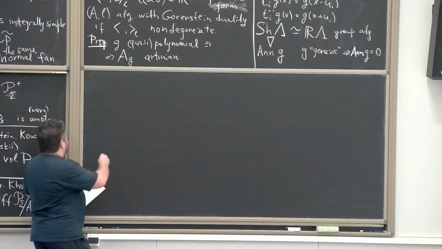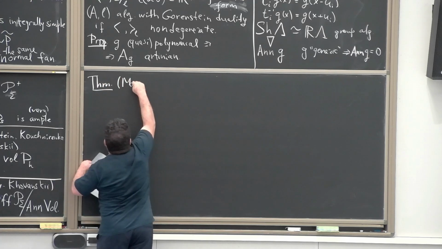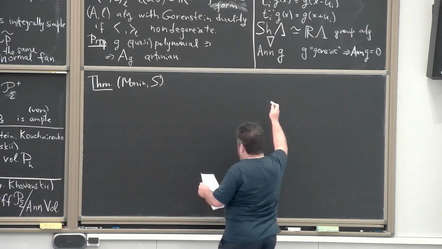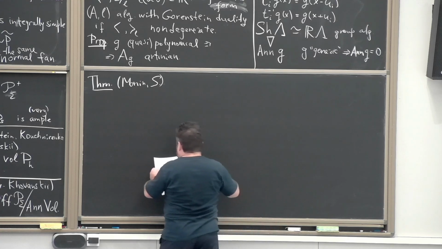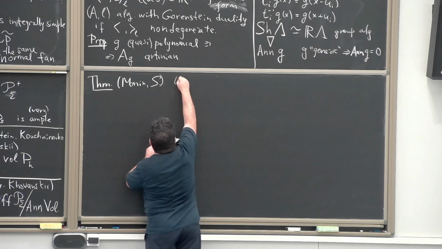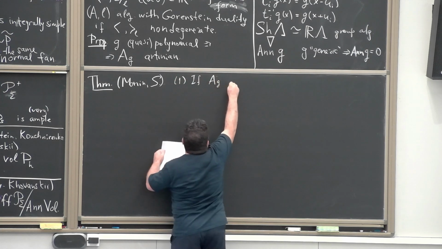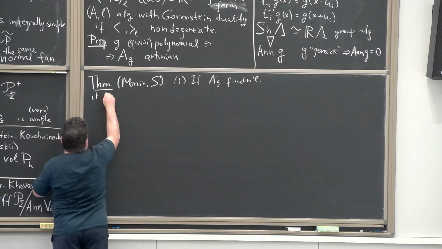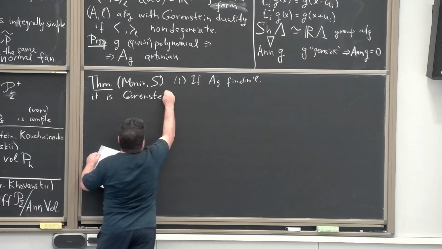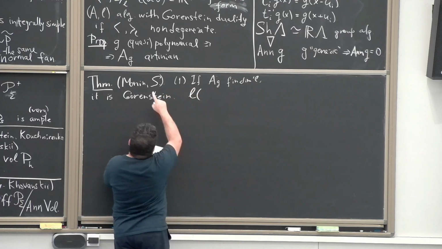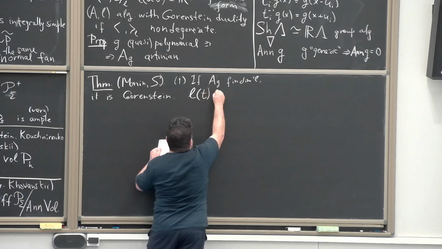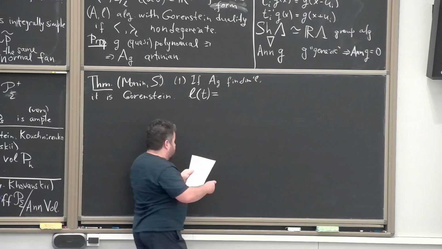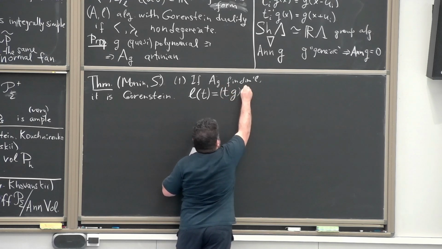And here's our first result. Given this construction, if AG is finite dimensional, it is a Gorenstein algebra, where this linear function L is nothing but the value of L applied to the shift operator T, which is this operator applied to G and taken at 0, at the origin.